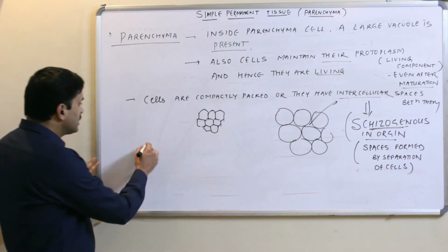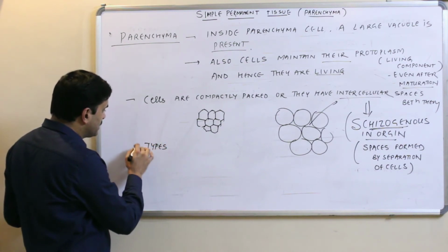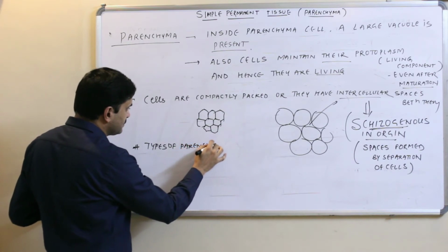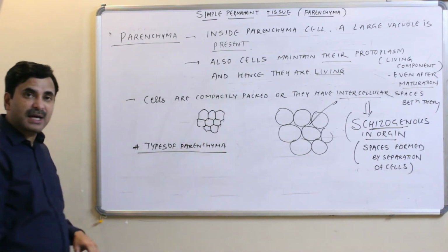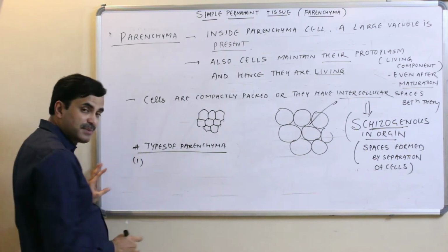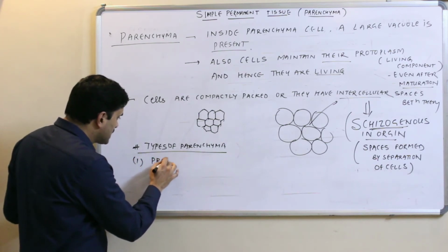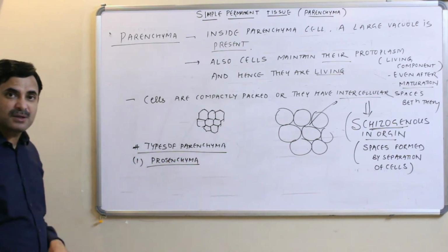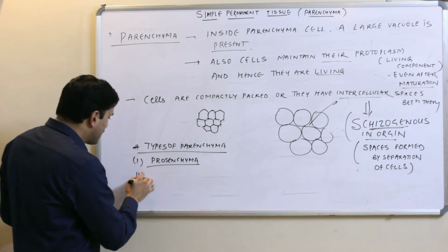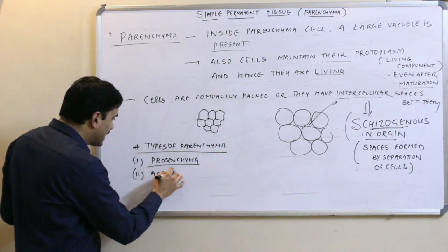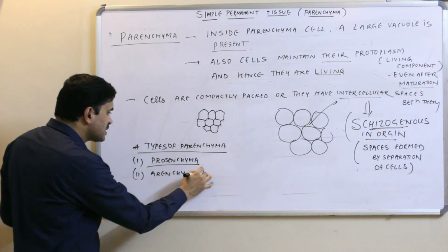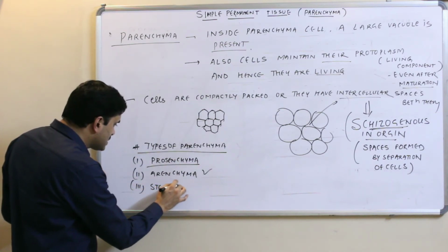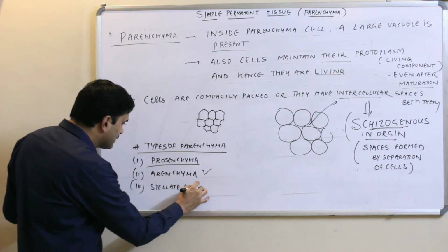Now, if I talk about the types of parenchyma, then parenchyma are of various types. Number one is Prosenchyma. Maybe some parts are new for you, so try to concentrate here. The second one is Aerenchyma, which is the popular one. The third one is stellate parenchyma.